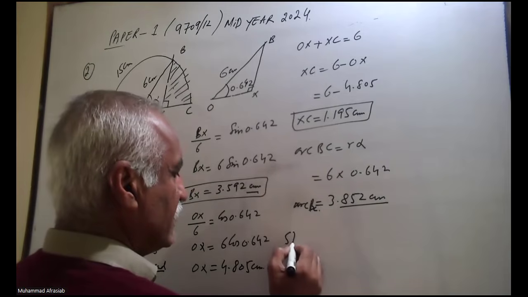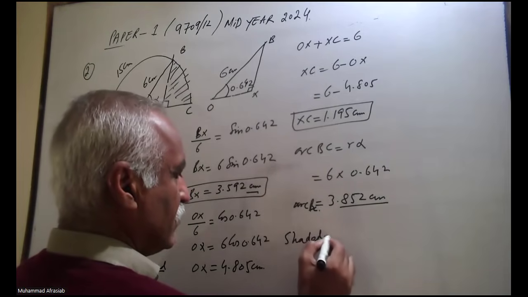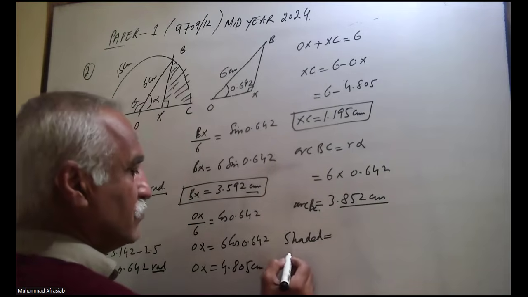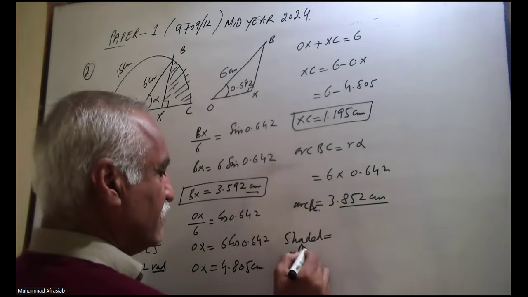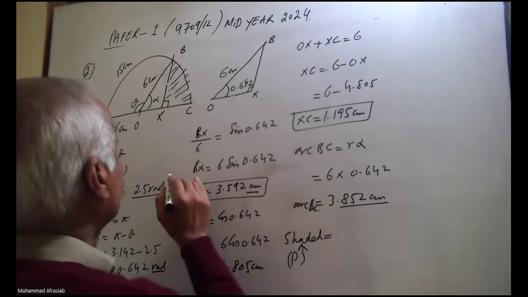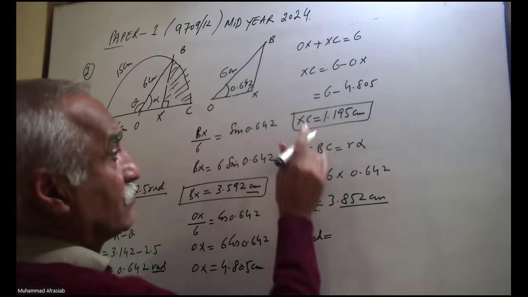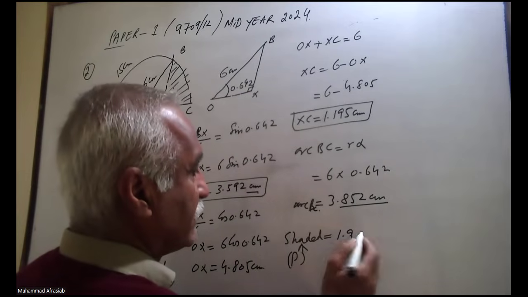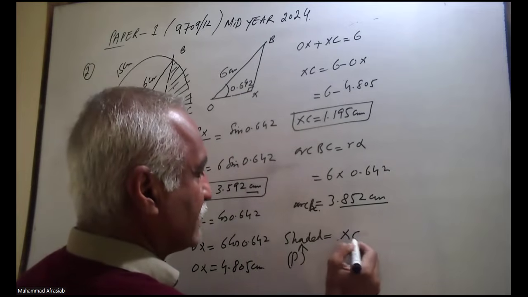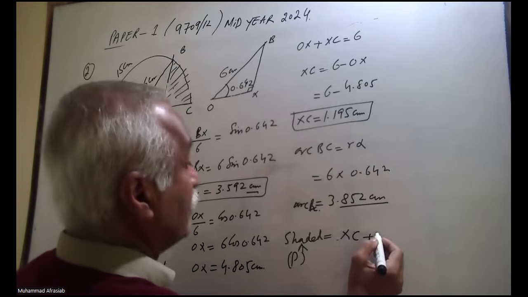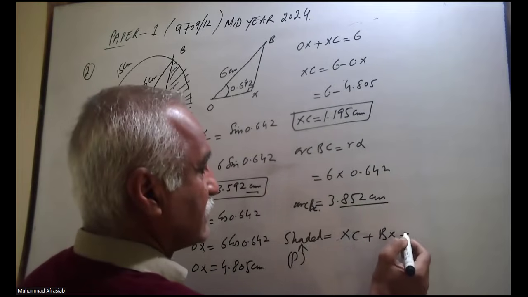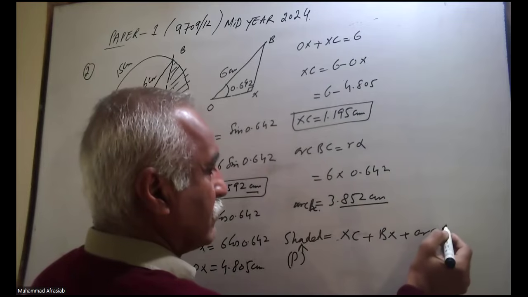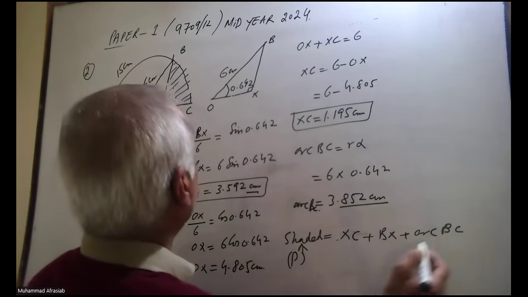So the perimeter of the shaded region is equal to XC plus BX plus arc BC.